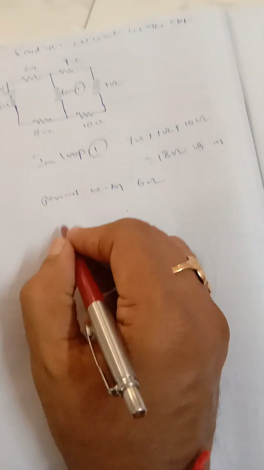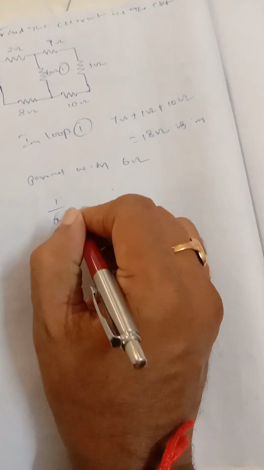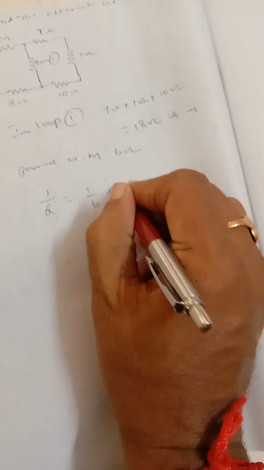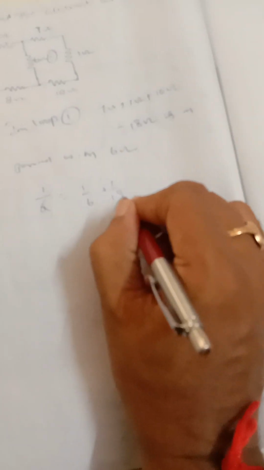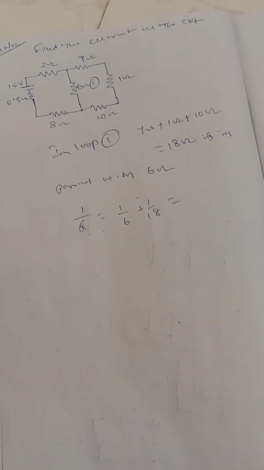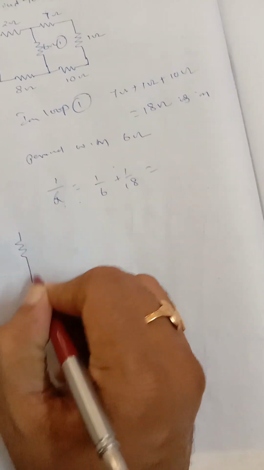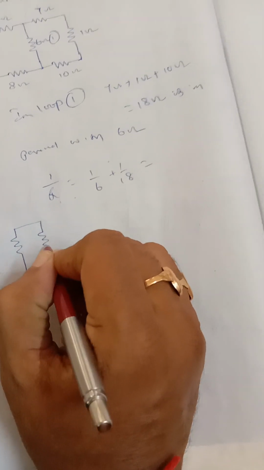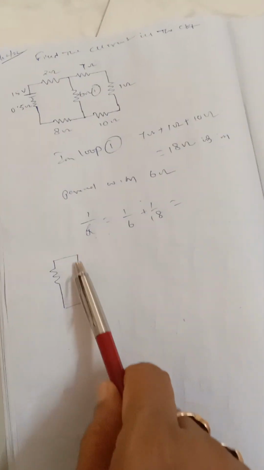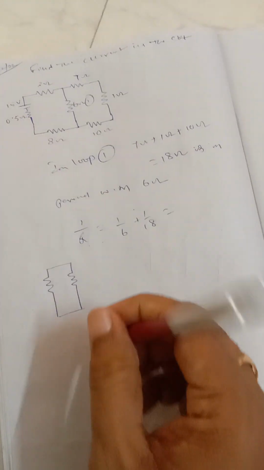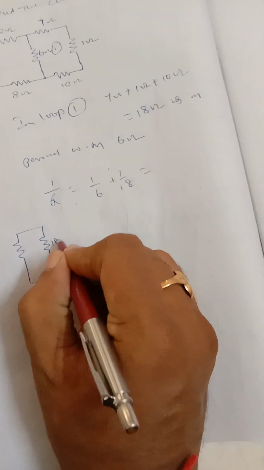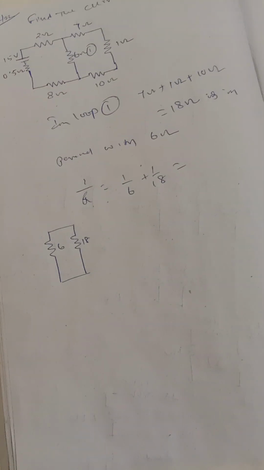Now, for loop 1, the resultant: 1 by R is equal to 1 by 6 plus 1 by 18. Because this is 6, this is 18, these two are in parallel. If you want, we can show like this. This 6, and 7, 1, 10, I added up all three here. That means 18 and 6 become parallel like this.